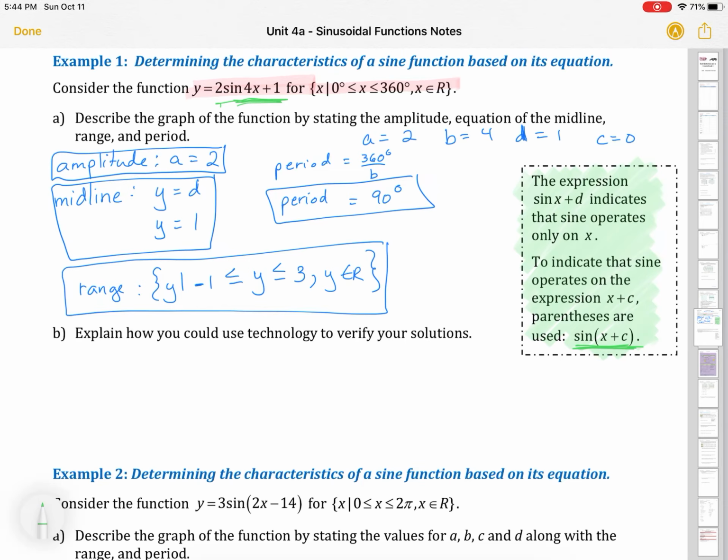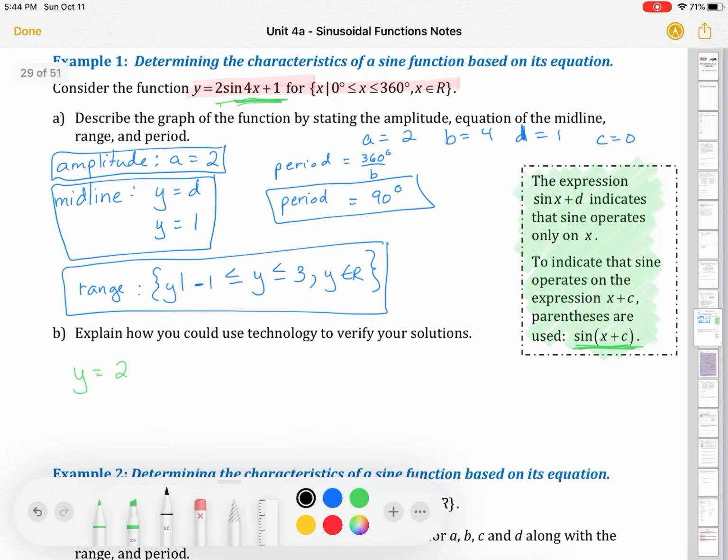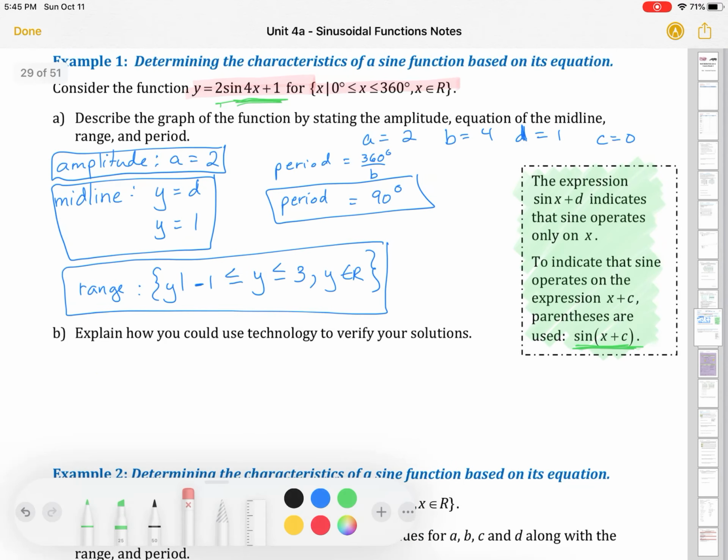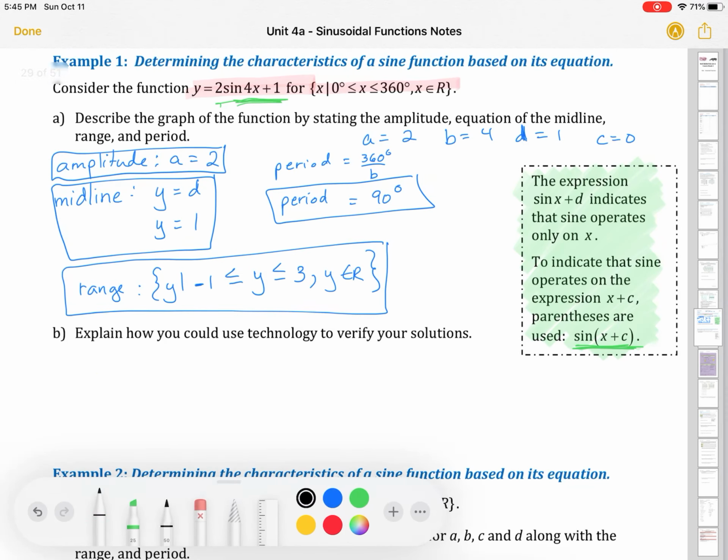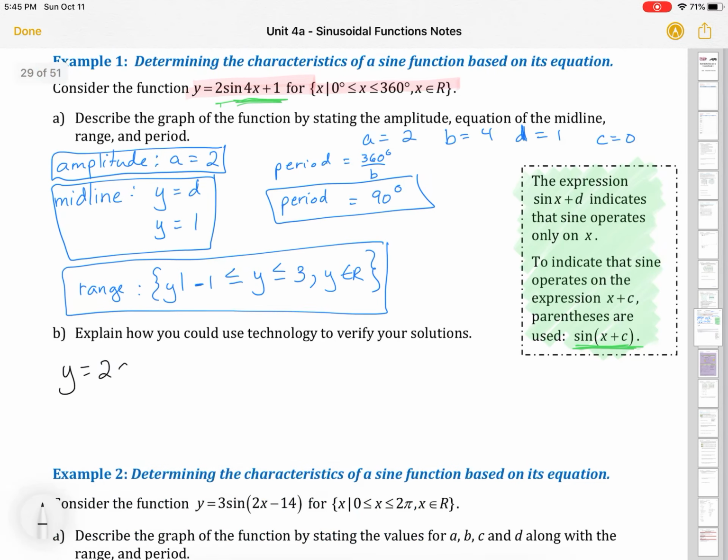Explain how you could use technology to verify your solution. Well, if you put this in your calculator, y equals 2 sine (4x plus 1), you could graph it with your calculator and find the max and min.